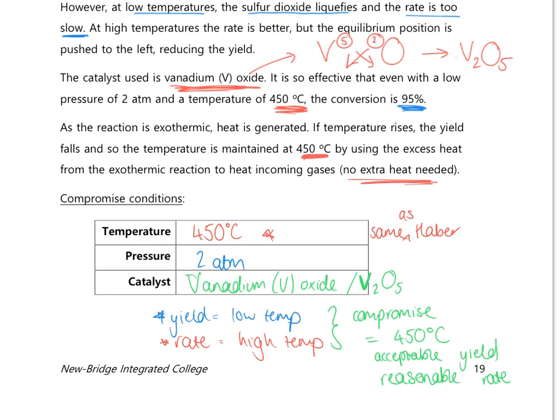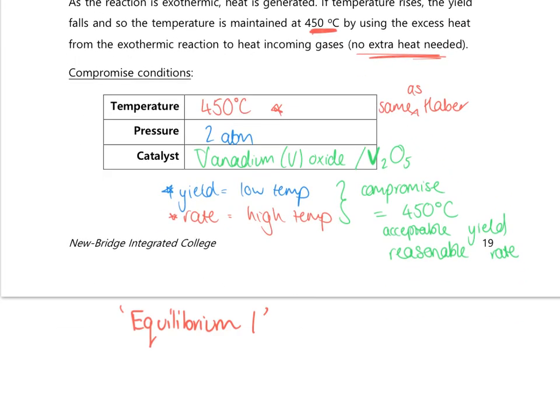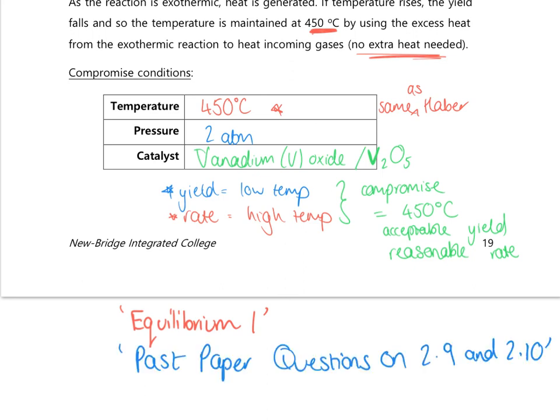You are now at the stage where you can answer all of the questions in those question booklets, both the one that starts with equilibrium 1. So you can finish off anything in that booklet, equilibrium 1, 2, 3 and 4. And then you can complete the questions that have past paper questions in 2.9 and 2.10 written at the top.